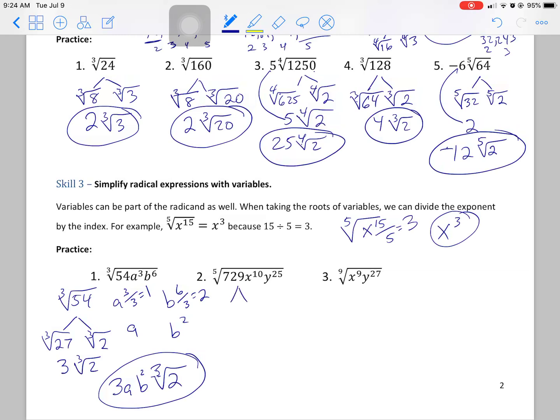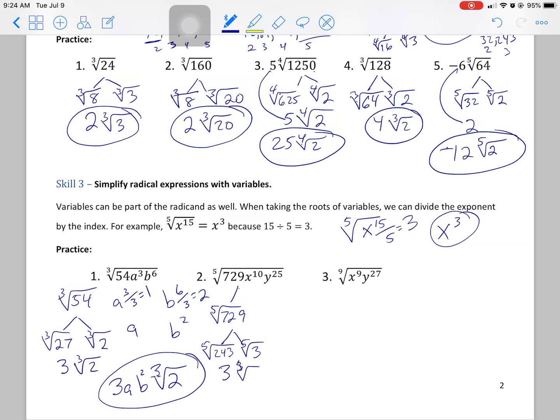All right, 729 doesn't sound like a perfect fifth. All I had was 32 and 243, so let's try the 243. 729 divided by 243 is 3. 243 is the perfect fifth of 3.